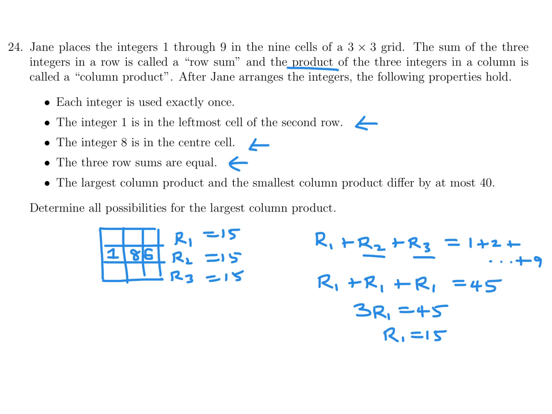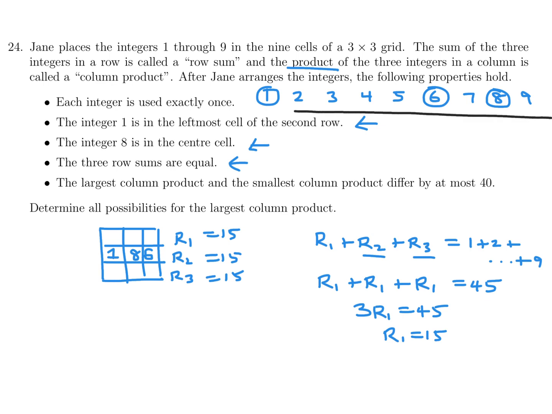Okay, so let's make a list here. 1, 2, 3, 4, 5, 6, 7, 8, 9. So I've already used up the 1, the 8, and the 6. Okay, so far so good. Now let's figure out how to put the other numbers. Let's experiment.